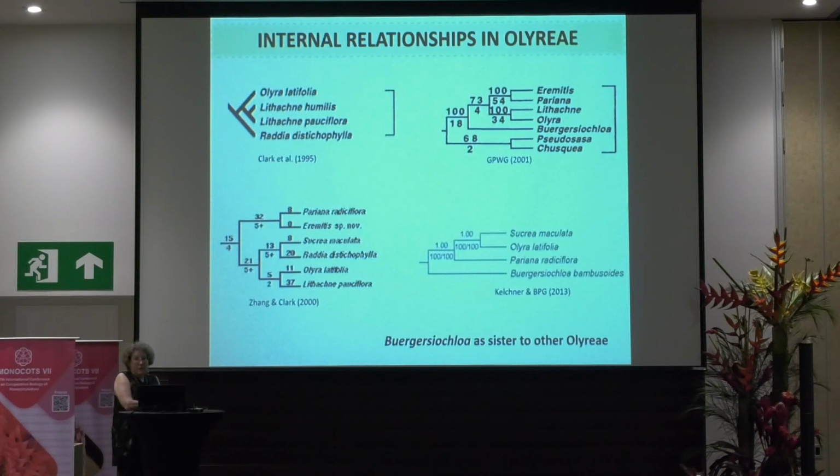So some of the early studies, we did sample what we had available of the herbaceous bamboos, but it wasn't very many of them. So we weren't sure. We just knew we had a clade, but we didn't really know what the internal relationships were. But as soon as we included the New Guinean genus, Brasilochloa, it became pretty clear that it was sister to the rest of the Olyreae.